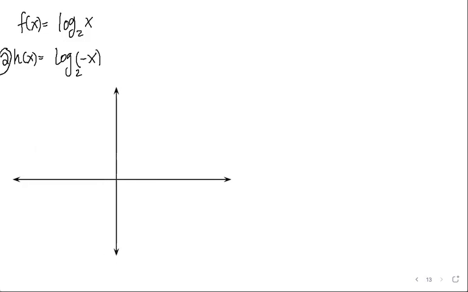So first of all, my original function will be something like that. This is the logarithm function, the log of x to the base 2. Reflected on the y-axis, exactly. Because the minus is inside the function, that means we have to reflect it around the y-axis. How do I know?